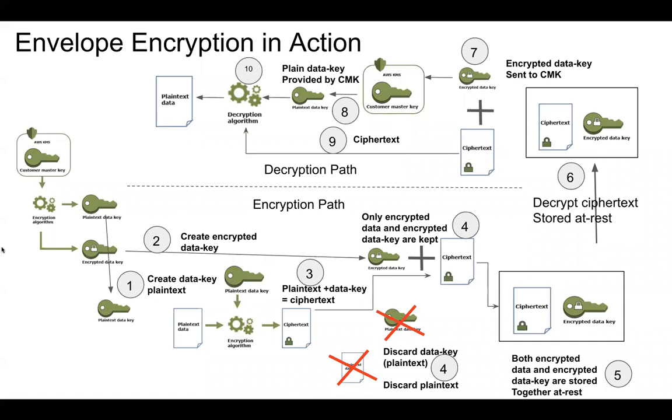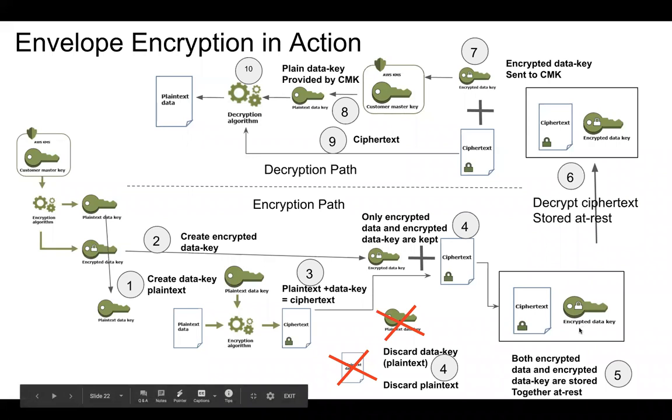So here, this envelope encryption in action, we saw all those different things in 2-3 slides. Now everything is consolidated into one slide. So you want to send some information to somebody in an encrypted way, or you want to just store some information at rest and encrypt it.